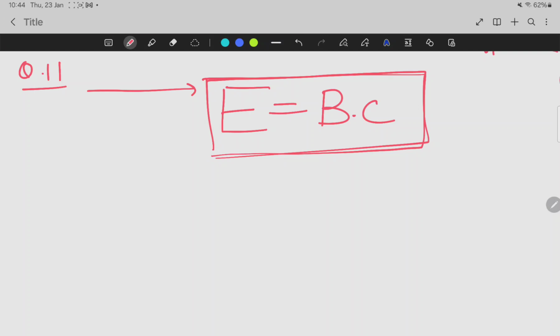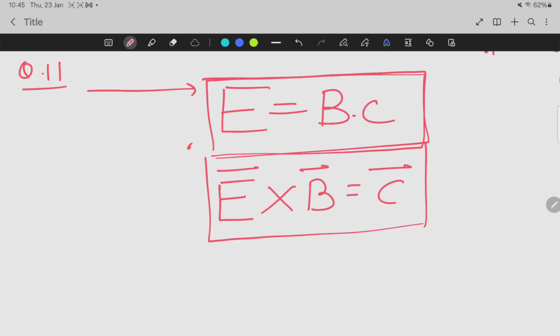Next, for the sake of direction, this formula is very important: E cross B is equal to the C vector. This is also a very important relation through which we can get the direction. Fine. So by using these two formulas, we can calculate the rest of the parameters. Once they have given the electric field and C, we can calculate the magnetic field amplitude, and we can get the direction by using the second relation. Fine.